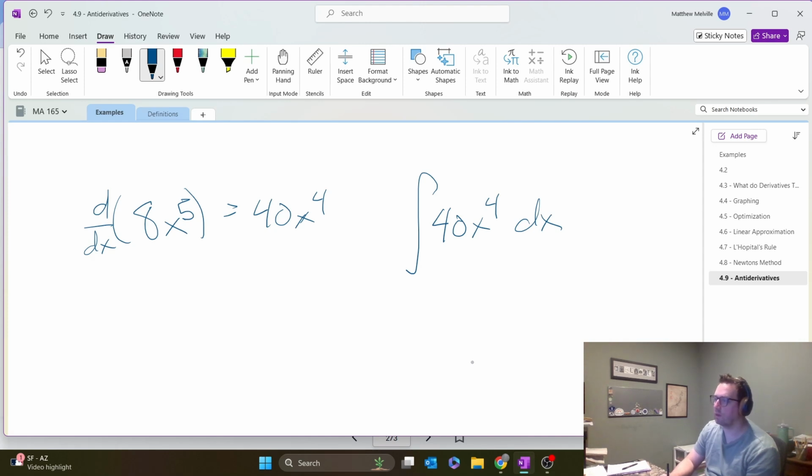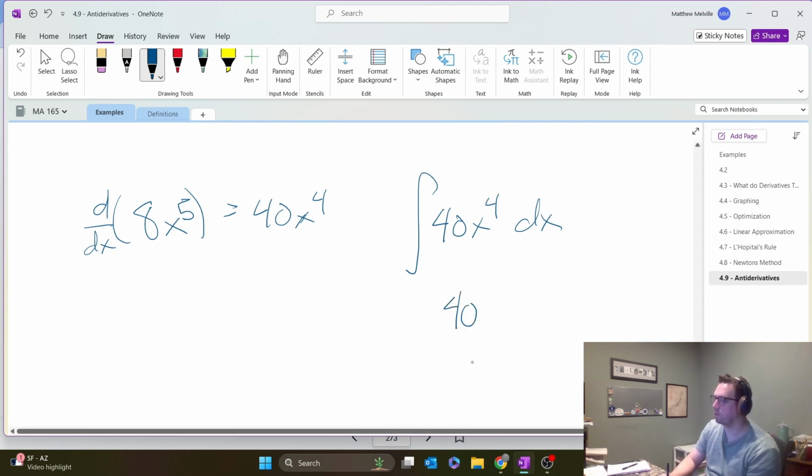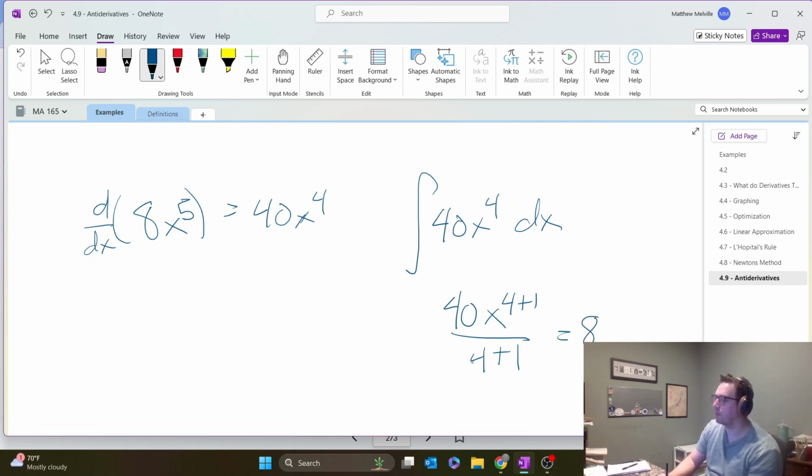Well, we do our process here. 40 times x to the 4 plus 1 power, divided by 4 plus 1 equals 40 divided by 5, which is 8, and then that's x to the 5th. And the whole family of them, because there's going to be a lot, right?